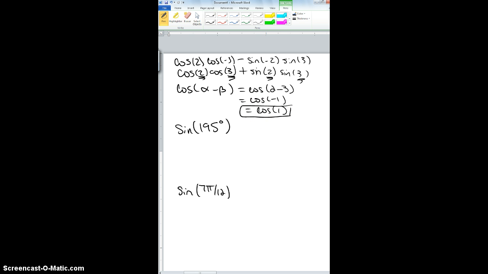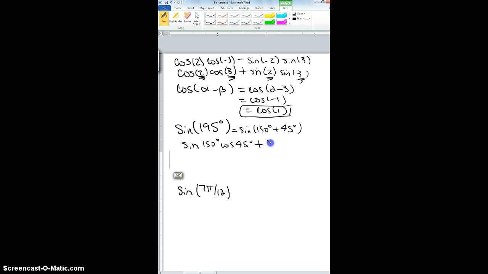Another example would be sine of 195. Again, I'm going to split this into things I know. It looks like a 45 should probably go in there, so 150 plus 45 if I'm in degrees. This is a sine plus formula, so you would break this into sine of alpha and cosine of beta, and then this one matches, so plus as far as the sign goes.